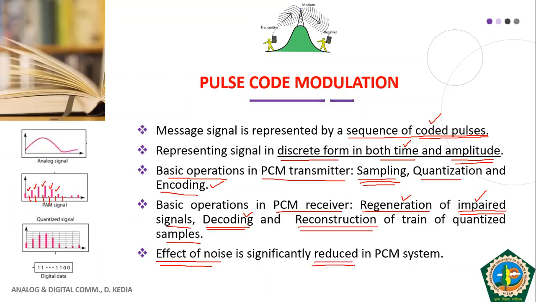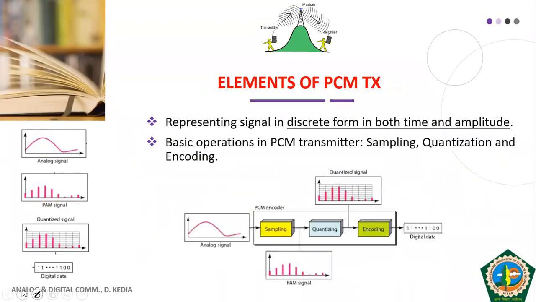As I told you, this is the first step towards the digital communication system. The most important advantage of a digital communication system is that the effect of noise is significantly reduced as compared to an analog communication system. This will become clear as we progress further in this topic. I hope this is clear.